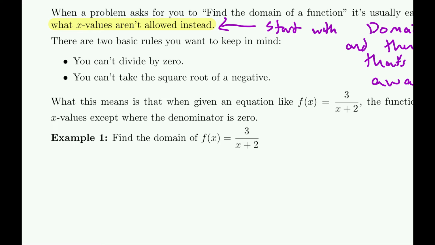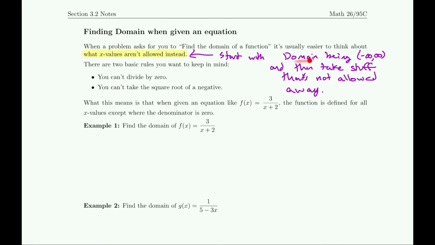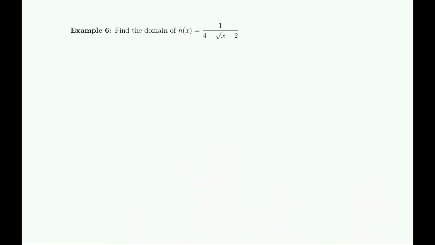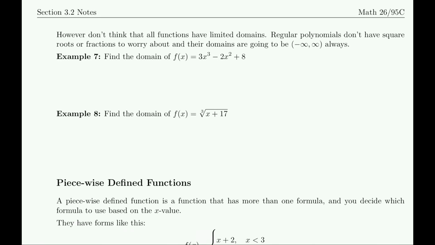Now, regarding what I said here, where you start with the idea that your domain should be -infinity to infinity, and then you take stuff away, the way you would apply that is if you go down to like page 4 here, here's some questions that don't have fractions and they don't have square roots. So if you look at this function right here, there's no possible divide by zeros, right? Because there's no x's in the denominator.